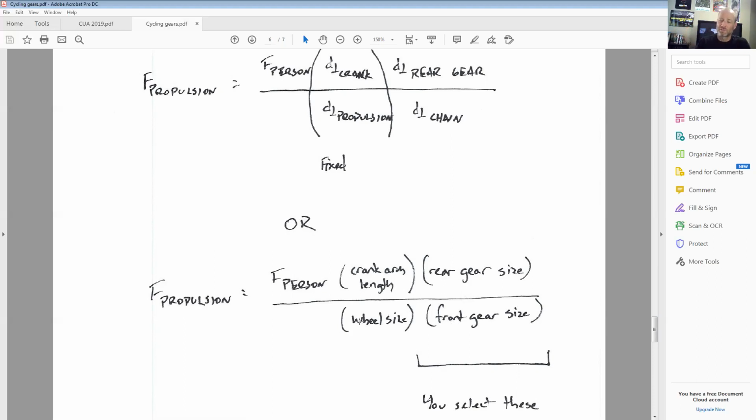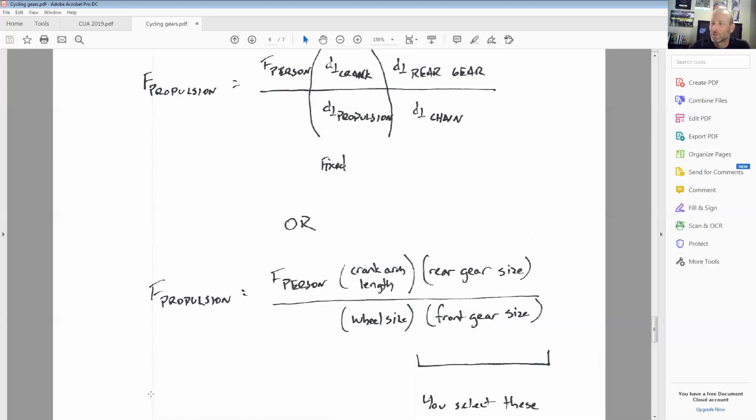So if I want to travel a long distance, if I want to go faster, I need to spin my pedals really, really fast, which gets exhausting, and that's not a good way to go fast. It's a great way to get the bike going or to go uphill.